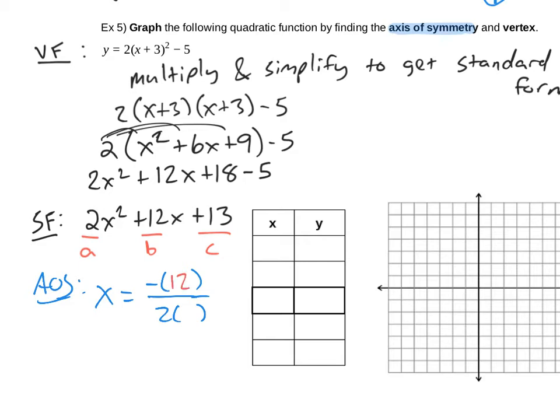And what's the A value? 2. So negative 12 over 2 times 2. What does that x simplify to be? Negative 3.